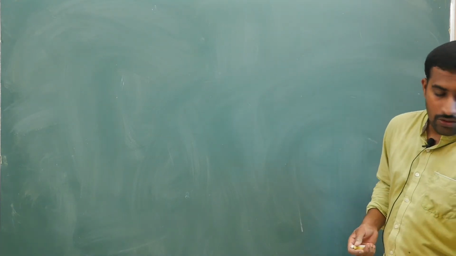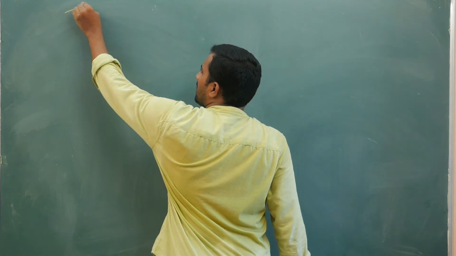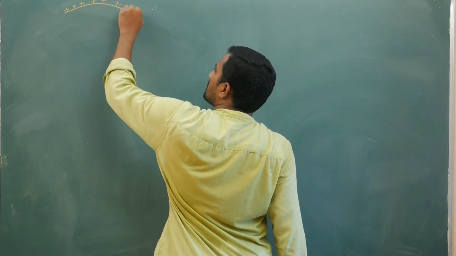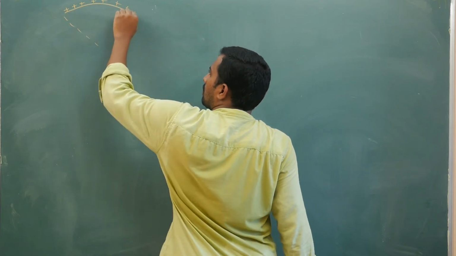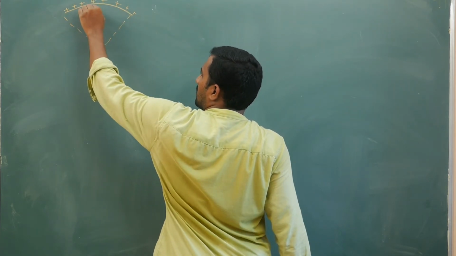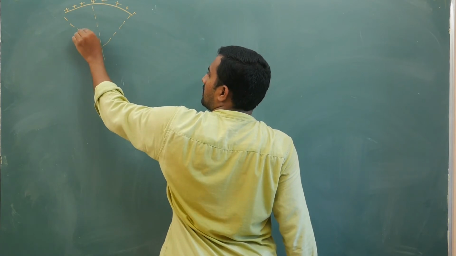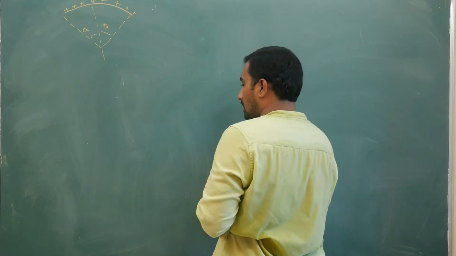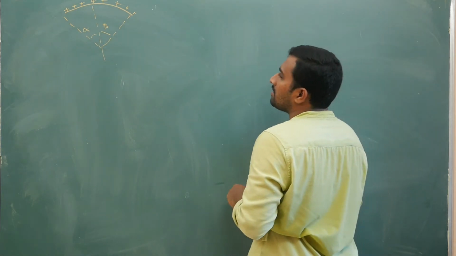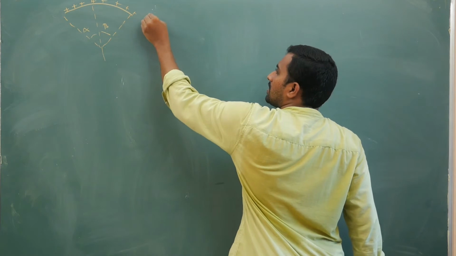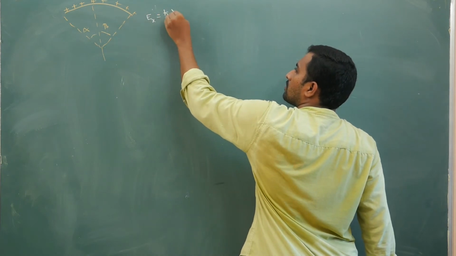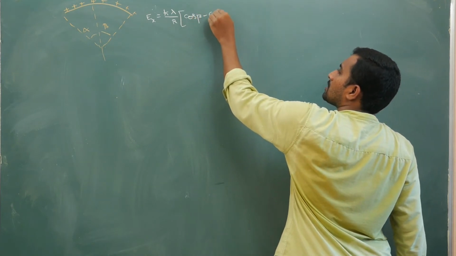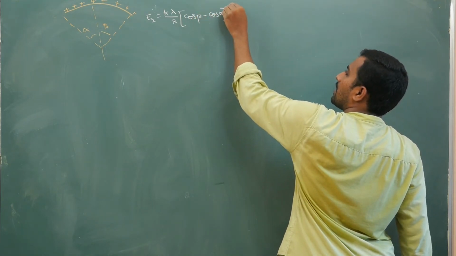Now your conclusion of the whole story is, if you have an arc like this, for this arc, this angle is alpha, this angle is beta. Your resultant field direction: Ex is equal to k lambda by r times cos beta minus cos alpha times I cap.